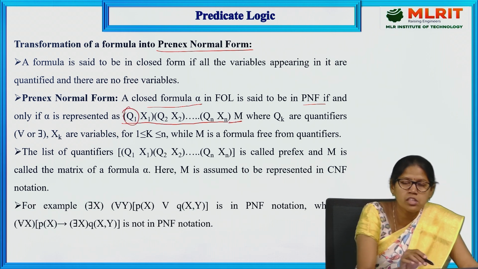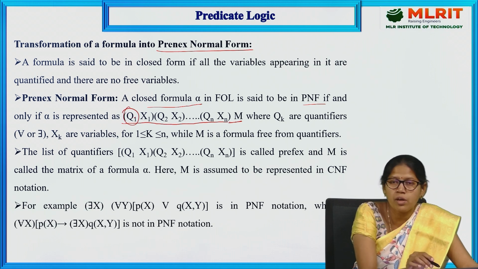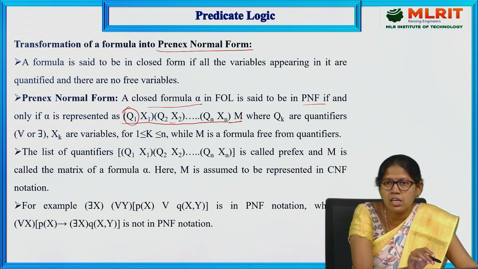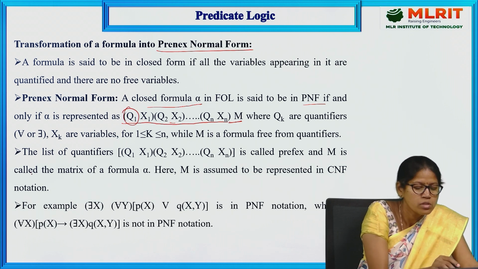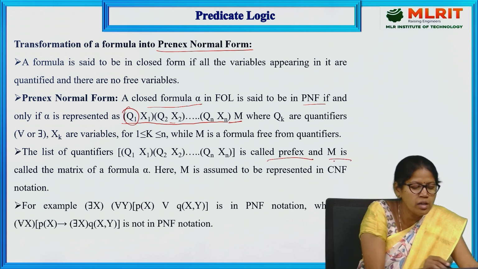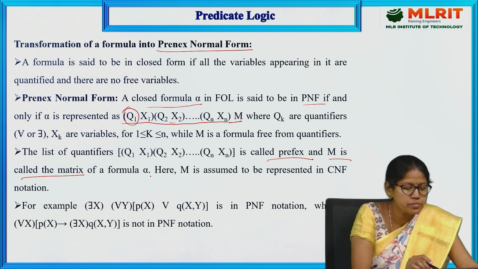Here Q is nothing but a quantifier, either for all or there exists, and X1, X2 and so on, Xn are the variables. So the list of quantifiers is called the prefix, and M is called the matrix of a formula alpha.